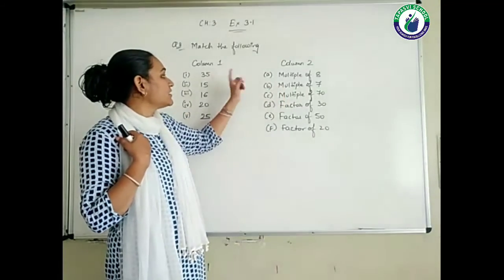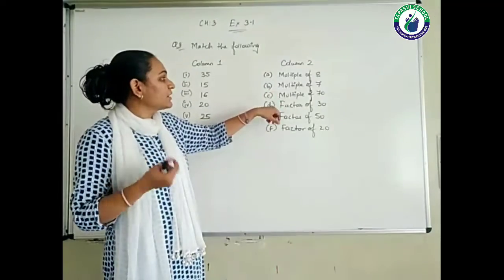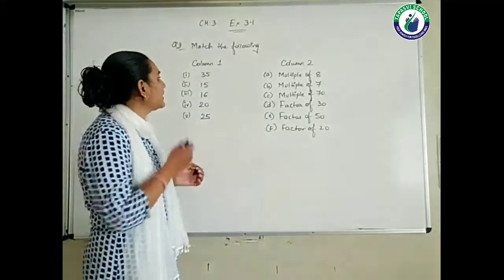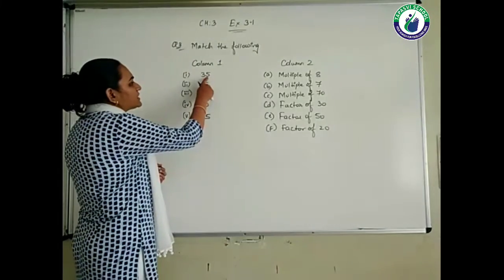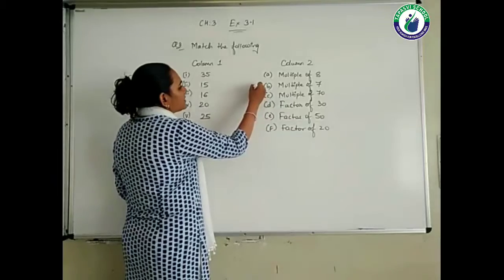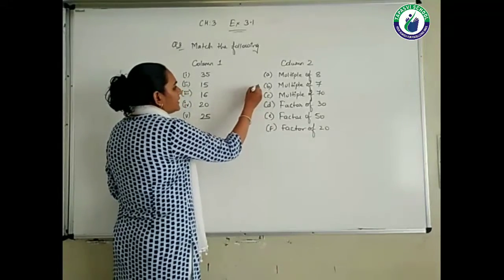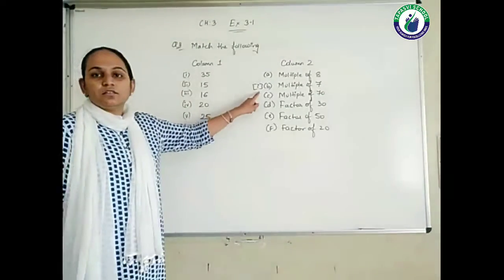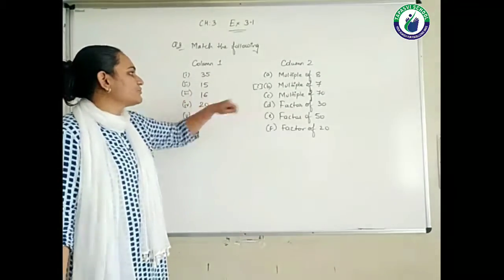Then the remaining options don't suit it. So how to write? So here I can write I, that means the Roman number 1, that means it is the match of this first one.